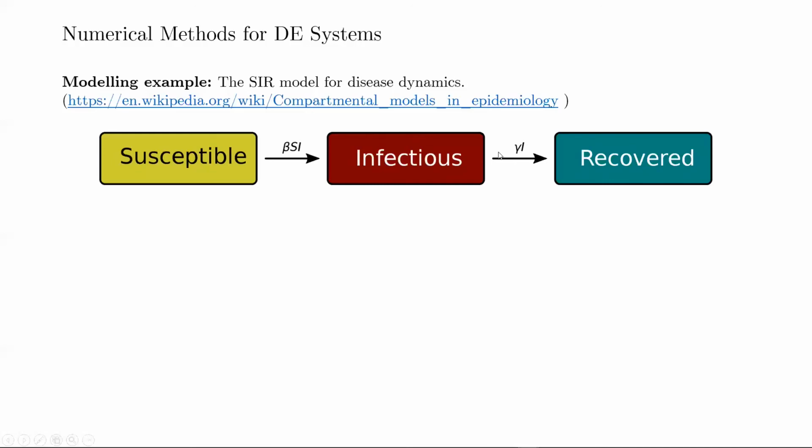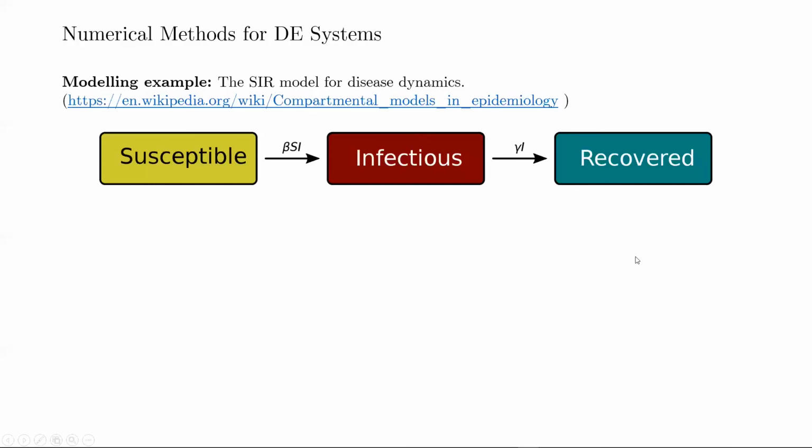So this could be related to how long it takes to recover from the disease. So if it's a 24-hour bug type thing, gamma could be quite rapid, quite large. If it's a thing that lasts for a week, then that'll be a different constant basically. Okay, so this is this constant times the number of people that are infected.